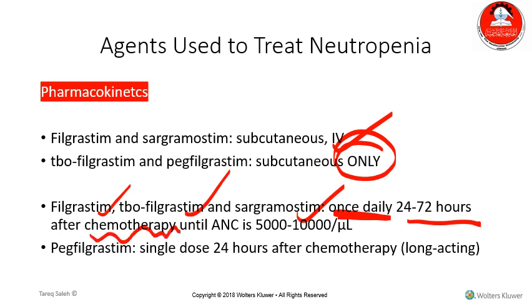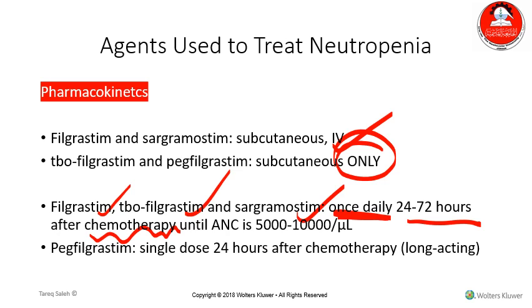Okay, so you will start treating cancer with chemotherapy, wait 2 to 3 days, and then start giving these agents to help the bone marrow to generate white blood cells after it has been damaged by the chemotherapy.